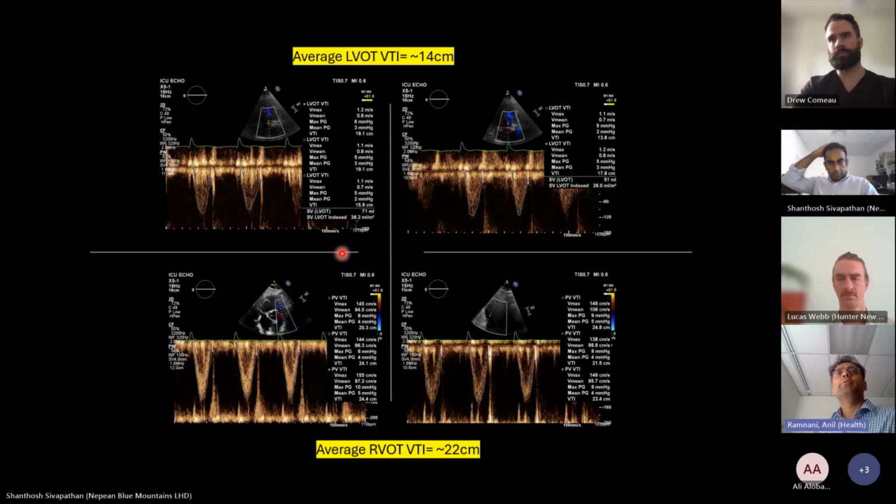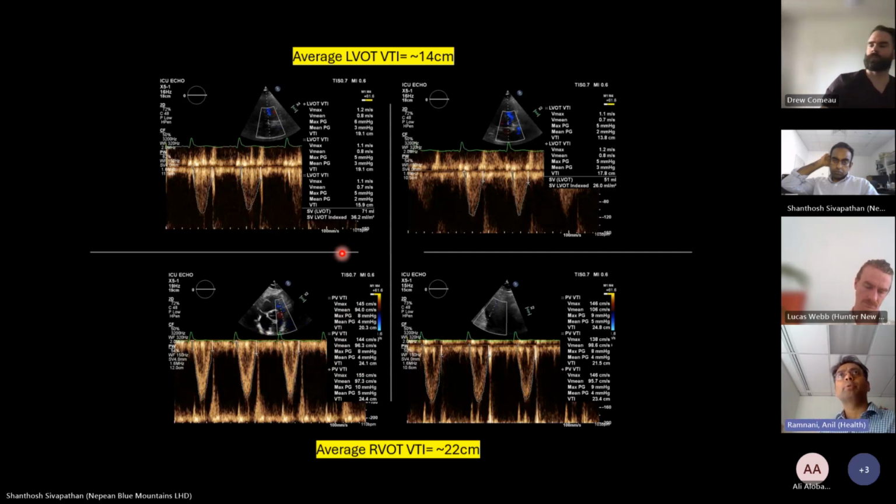Yeah, absolutely. What phase of respiration? Does it matter if they're intubated versus spontaneously breathing? When they're spontaneously breathing, we tend to do it at end expiration. Is that what we follow when they're positive pressure ventilated as well?